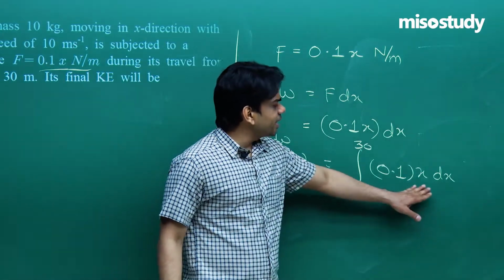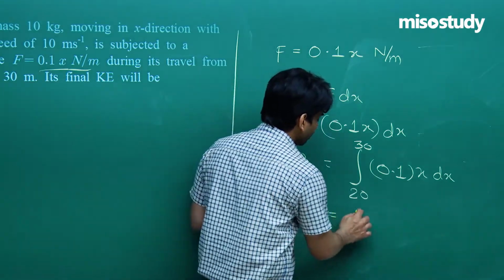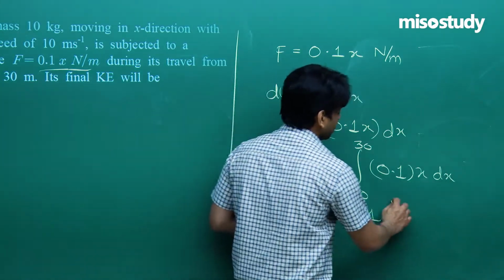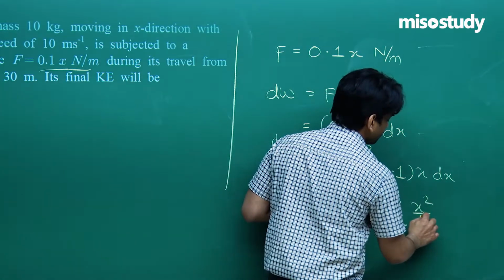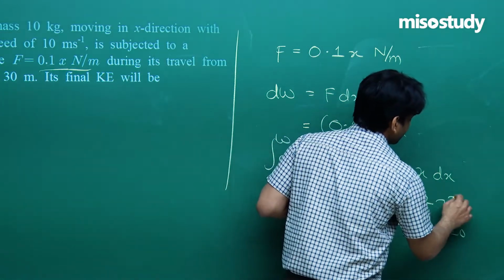Now simply integrate this term. You will have 0.1, keep it here, and integrating x gives x square by 2, from 20 to 30.